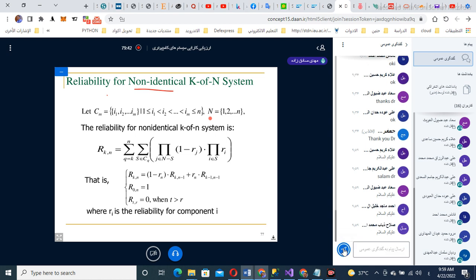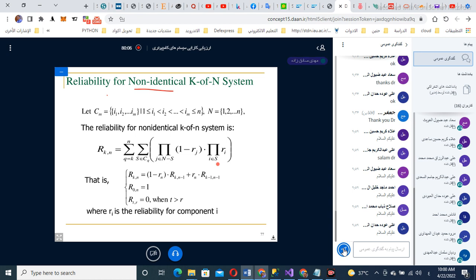The reliability for a non-identical k-of-n system, R of k and n, is the summation of q equal k to n, summation of S belonging to Cq, product of 1 minus Rj, j belonging to n minus S, multiplied by the product of Ri, i belonging to S.